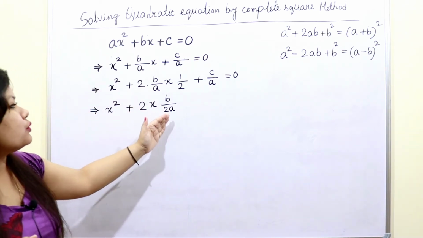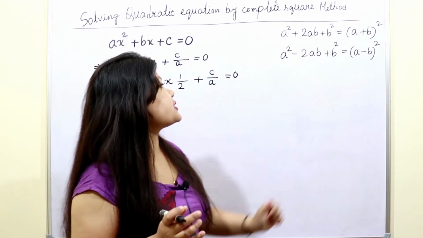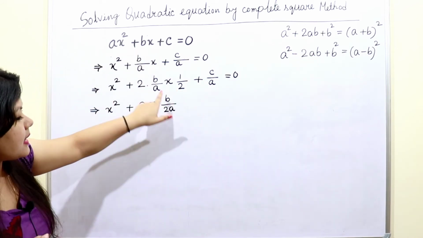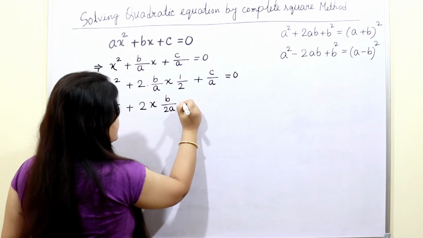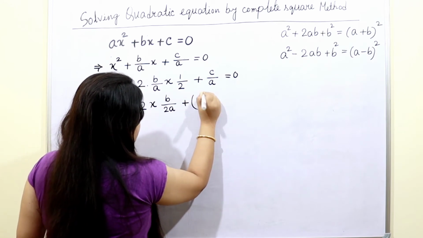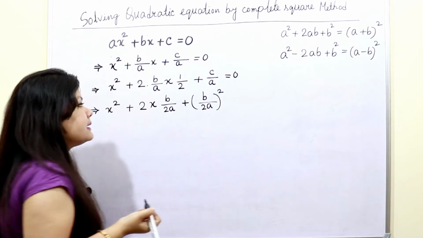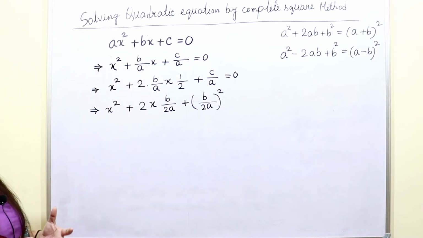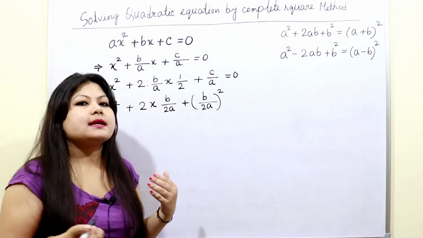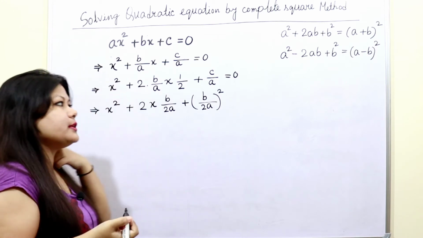That's why now we will introduce the term b square. So this is the other variable, and we can write b by 2a whole square. Now see, in mathematics, whenever we introduce some terms, we also have to keep the balance.